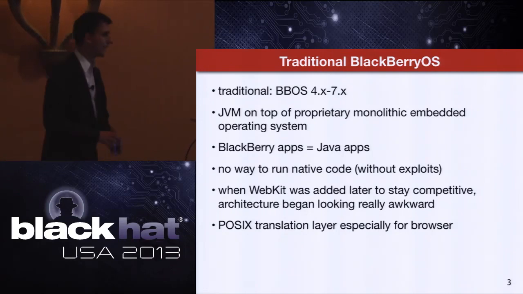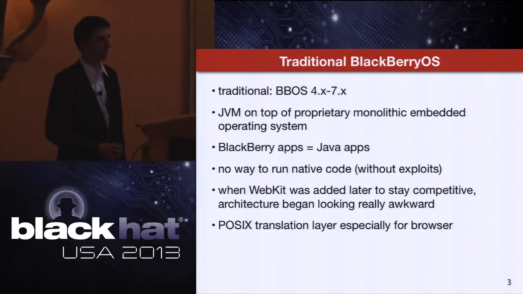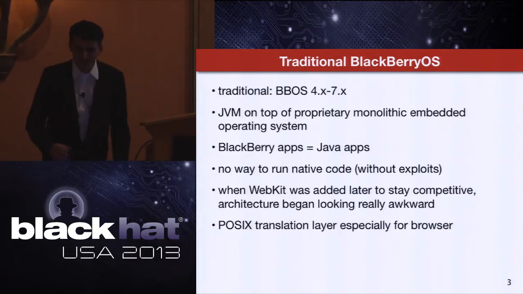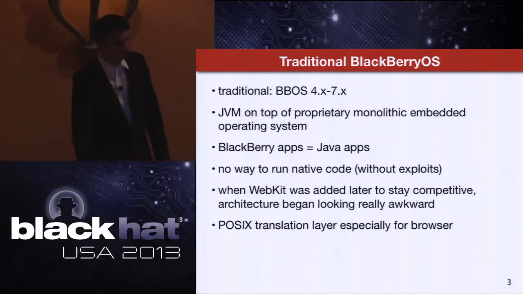Now, without any exploits, there was no way to run native code on the old BlackBerries. This even held for malware. I think there was one example of BlackBerry malware that is documented somewhere in Saudi Arabia, and that actually was written in Java as well.